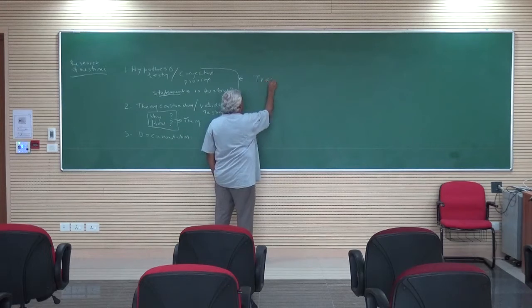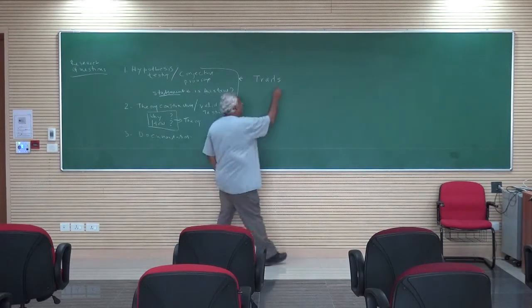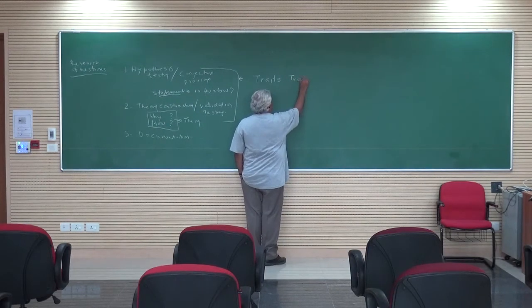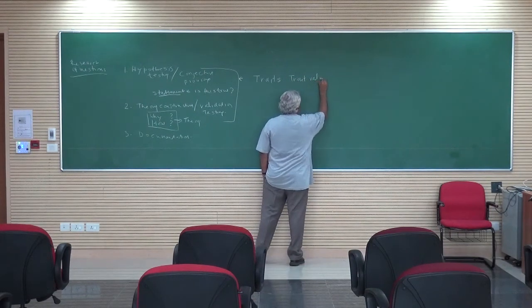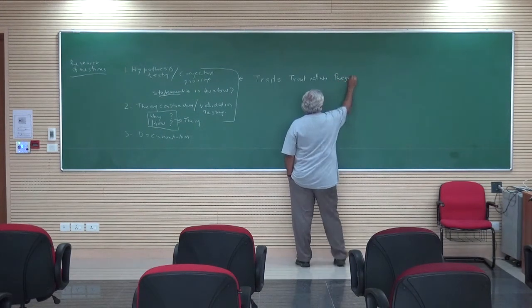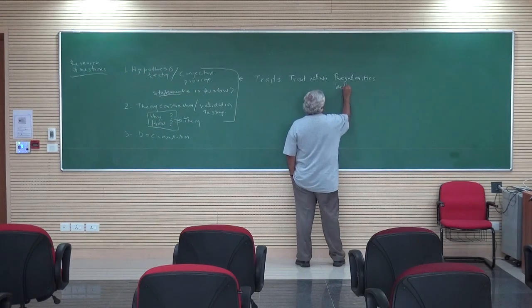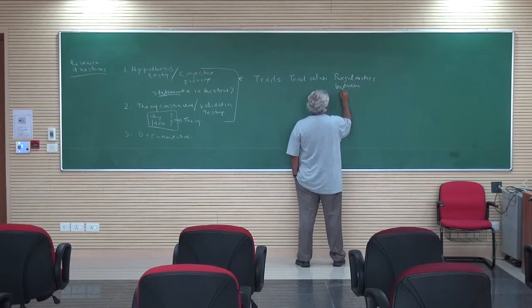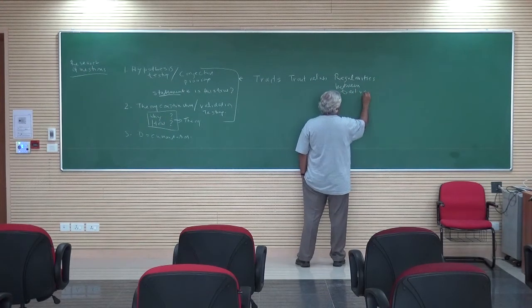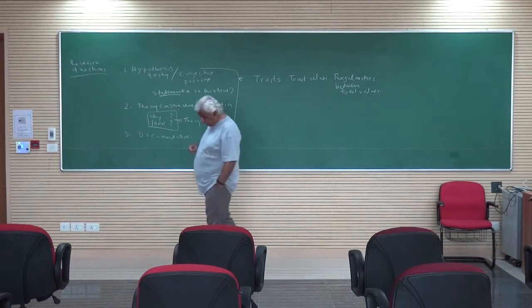One is the concept of traits. The other is the concept of trait values. And the third is the concept of regularities between trait values. What do I mean by that?